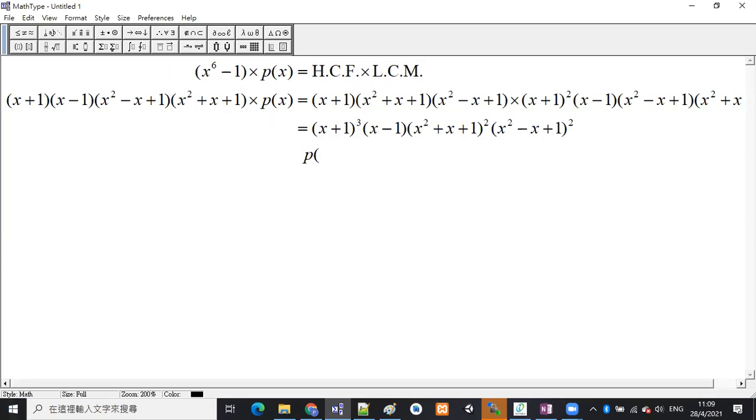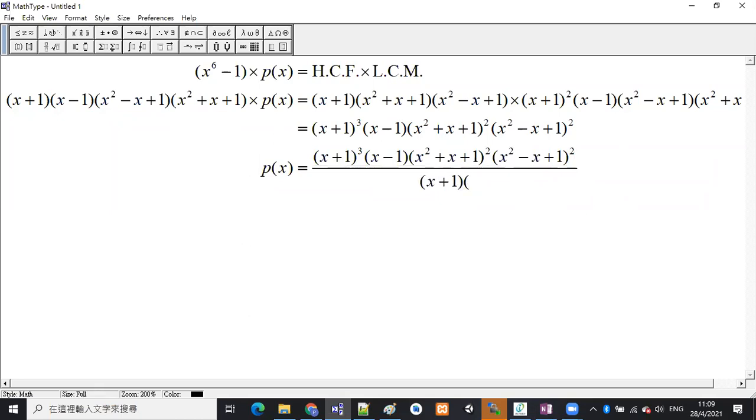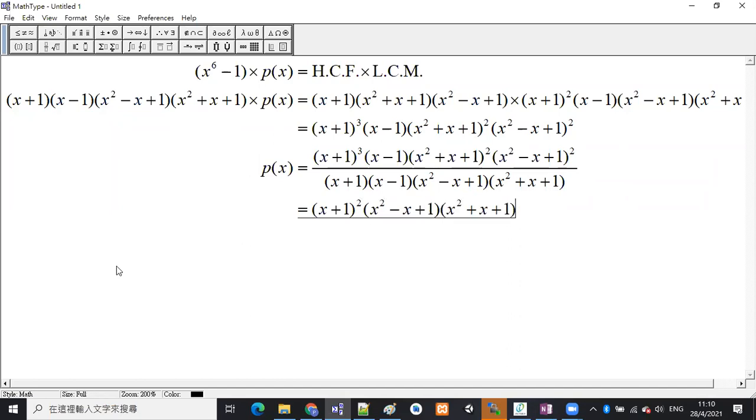So P(x) should be equal to (x plus 1)^3(x minus 1)(x^2 plus x plus 1)^2(x^2 minus x plus 1)^2 divided by (x plus 1)(x minus 1)(x^2 minus x plus 1)(x^2 plus x plus 1). And so just cancel out all the common factors. What is remaining is (x plus 1)^2, and there will be no x minus 1 term. And then we still have x^2 minus x plus 1 and x^2 plus x plus 1. Okay, that is P(x).